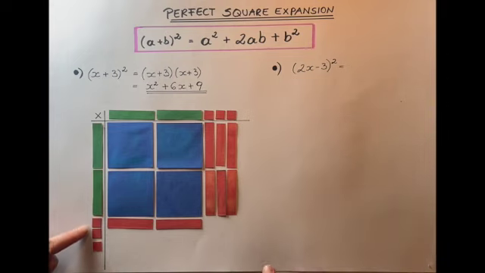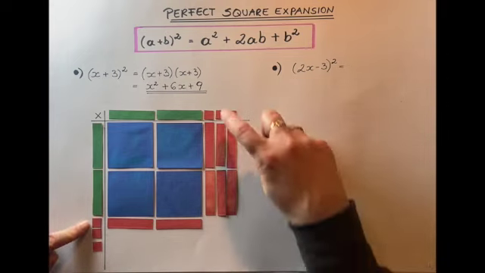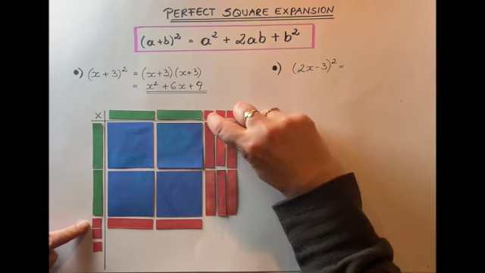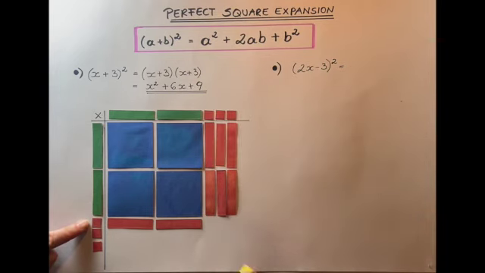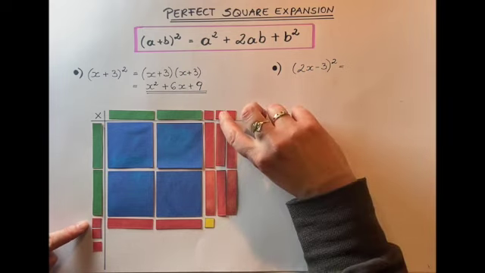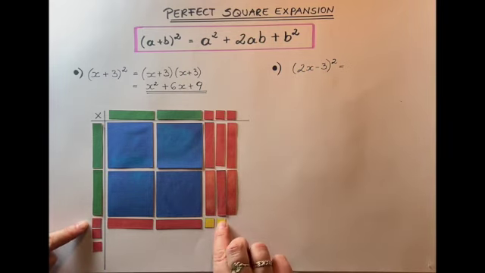Then we come to our units. Negative 1 times negative 1. So 1 times 1 is 1. Negative times negative is positive. So we have a positive 1 here. Negative 1 times negative 1 gives us a positive 1.